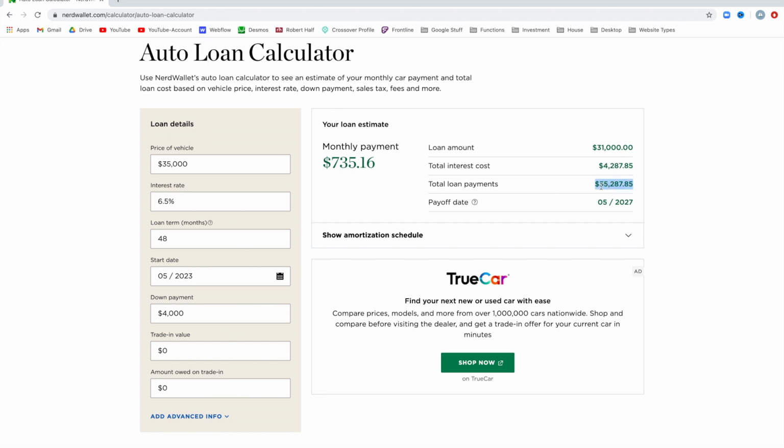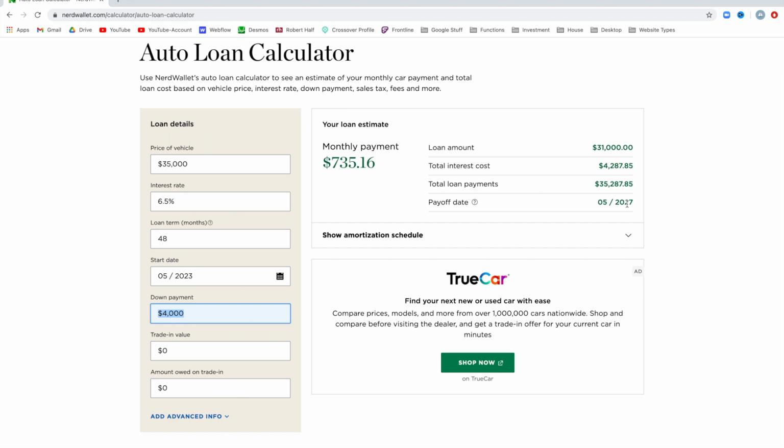So we paid $35,287 total for the loan. The amount that we paid total for the car would be this amount plus our down payment. So overall, we spent $39,287 on this car. And by the date that it's paid off, so after this date, 5/27, we would not have to make any more car payments on this. It's just your car. You don't have to worry about any other monthly payments.